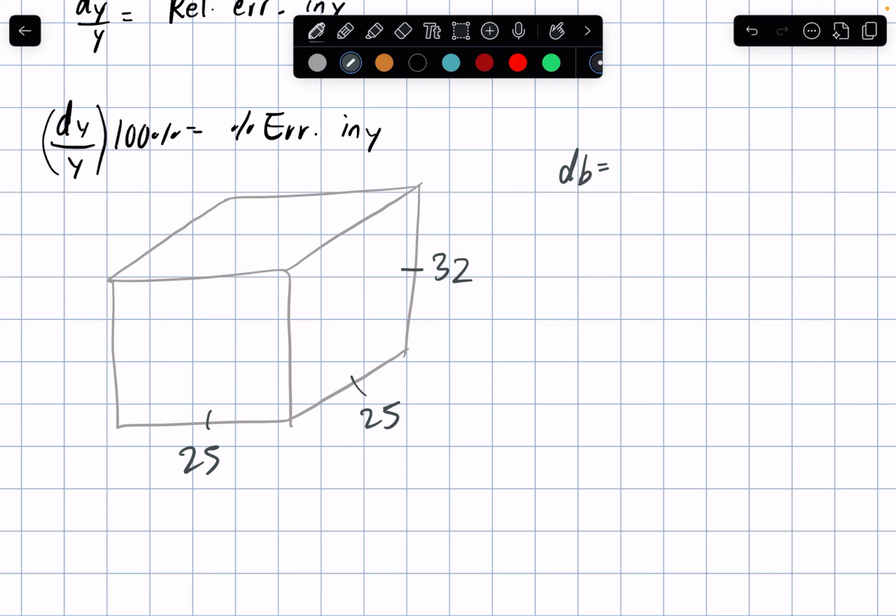So it is said that these are the hypothesized dimensions. These are the measurements. However, there is a dB of 2 millimeters. These, by the way, are in cm. And for the dH, we also have 2 mm.